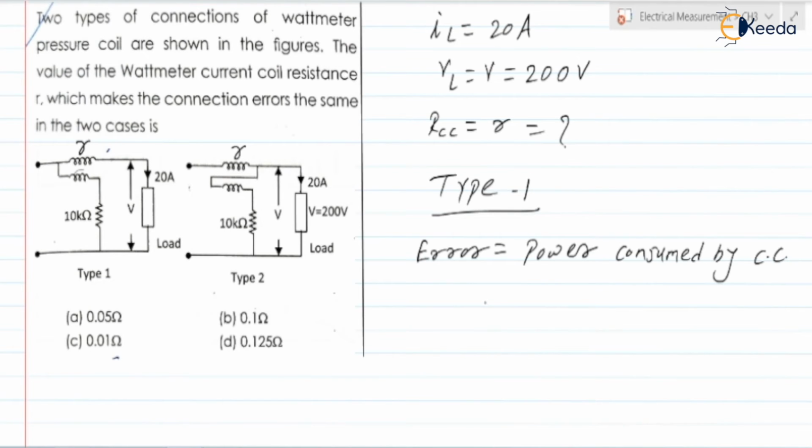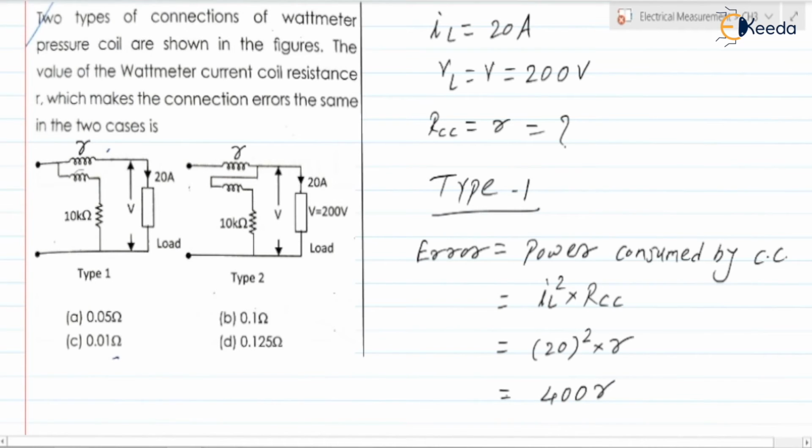So what is the power consumed by the current coil? It is IL square into resistance of the current coil. IL is 20, so it is 20 square into small r. So it is equal to 400 into r. This is the error in this case. Consider it as equation 1.